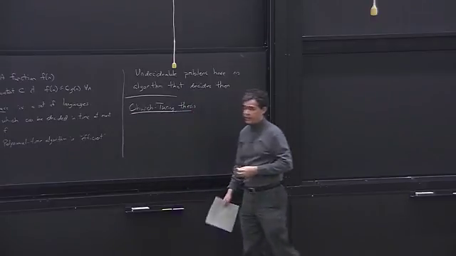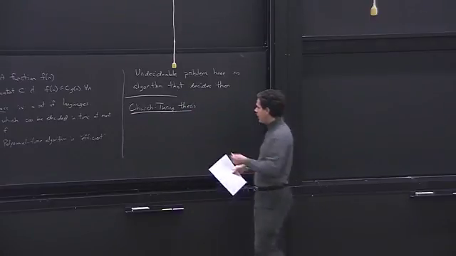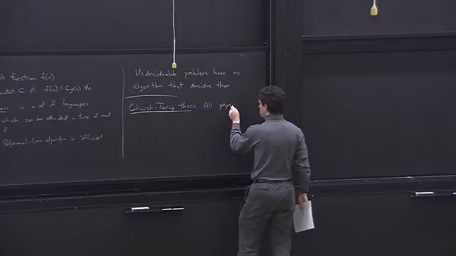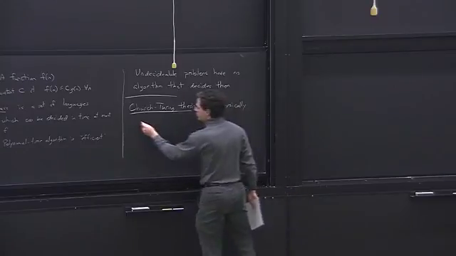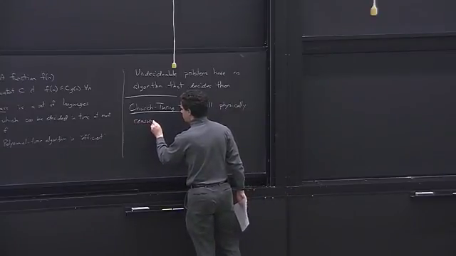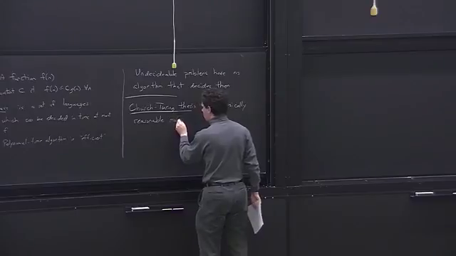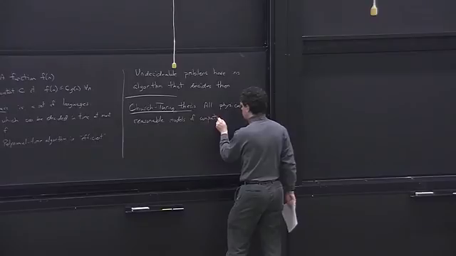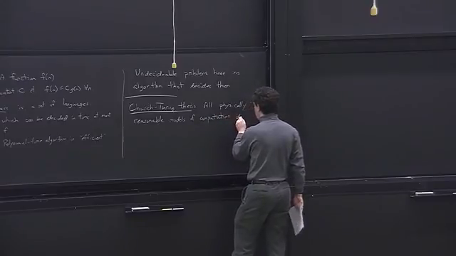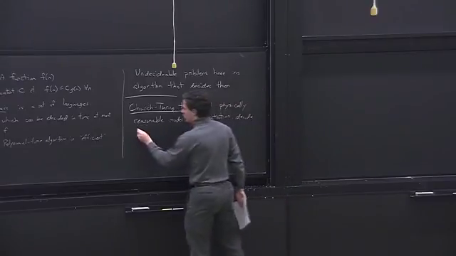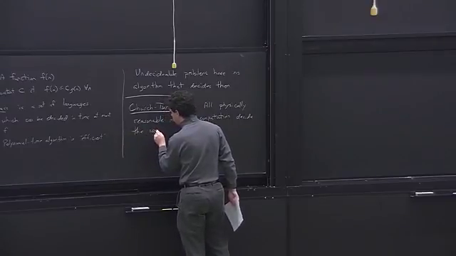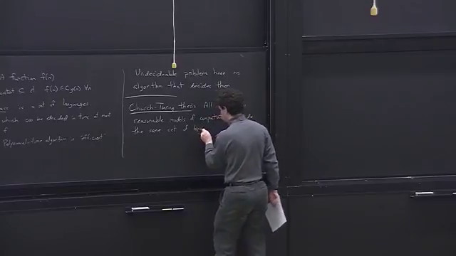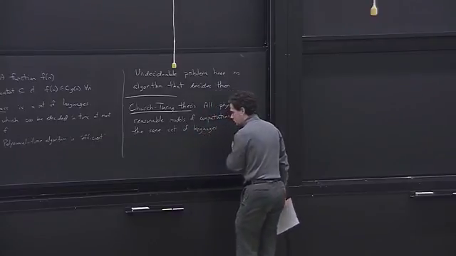And the Church-Turing thesis says that all physically reasonable models of computation decide the same set of functions, or the same set of languages. Okay?